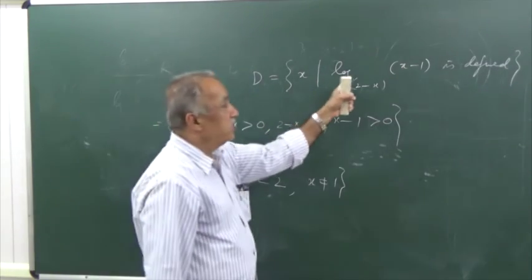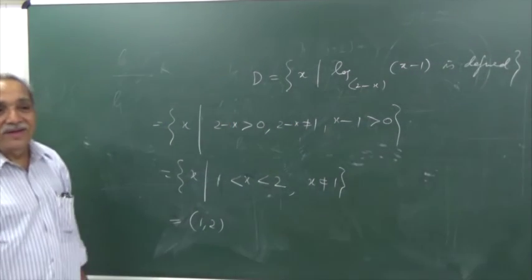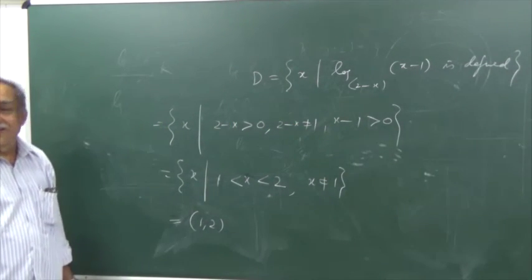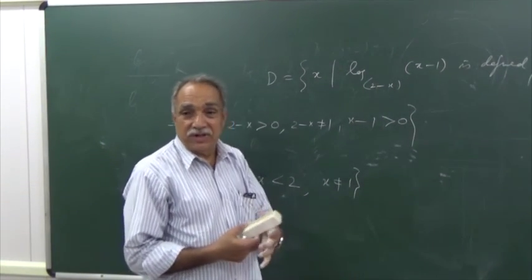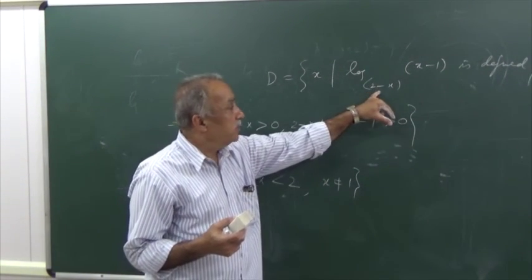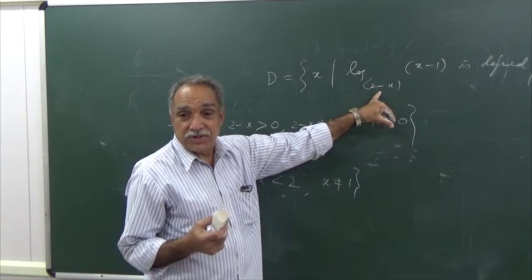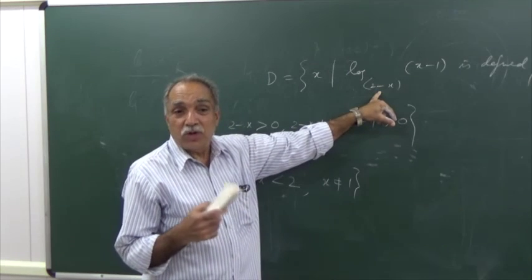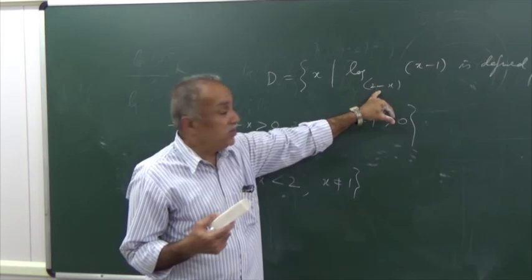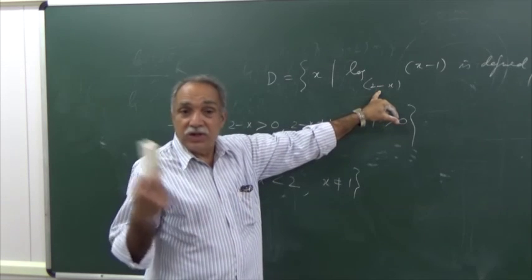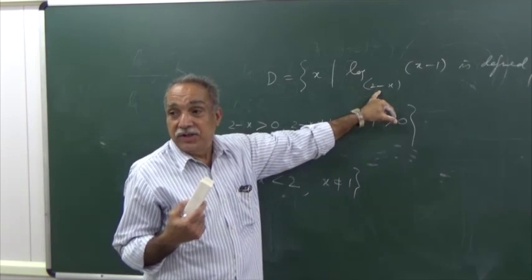What values are taken by this function? To determine the set of values taken by the function, first I must be specific about this base. It depends on what value is attained by the base. If base is greater than 1, certain values will be attained by the function.